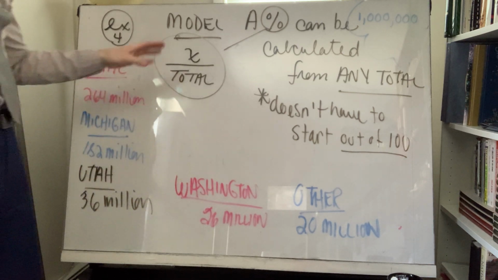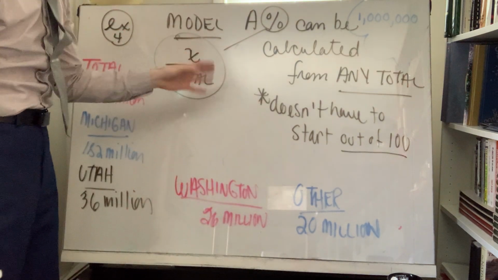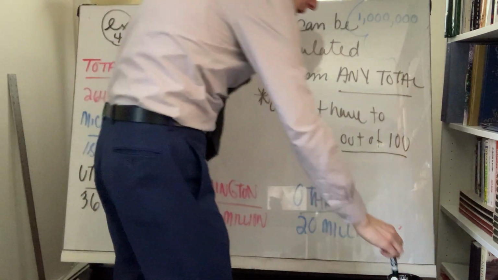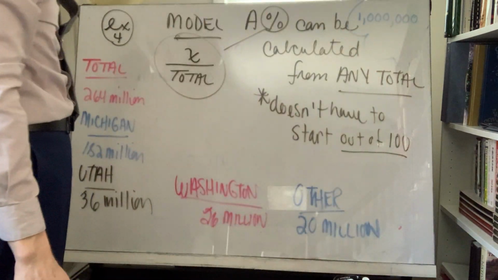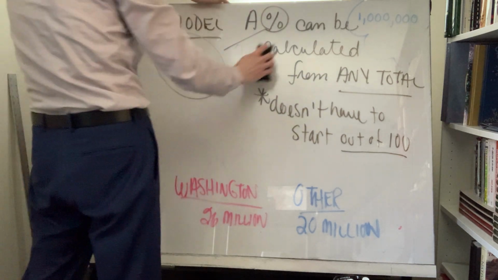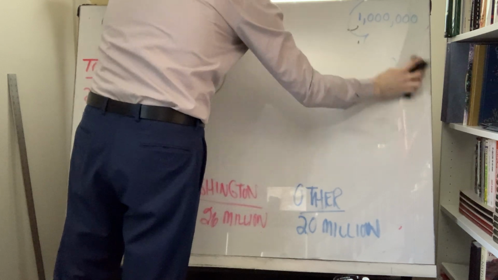Once you divide them, you get a decimal, and then you can convert the decimal to a percentage formally. So the percentage can be calculated from any total. It doesn't have to start out as 100. You're going to convert it to something that technically is out of 100.